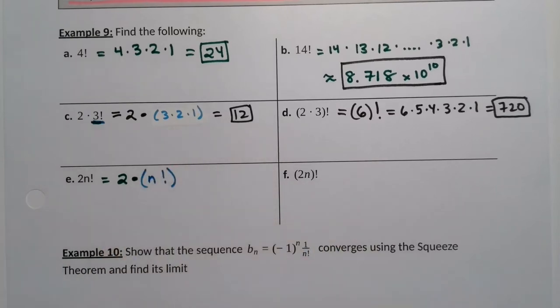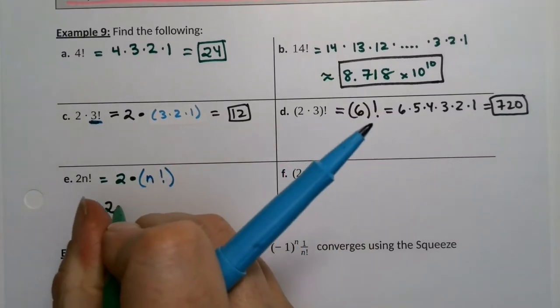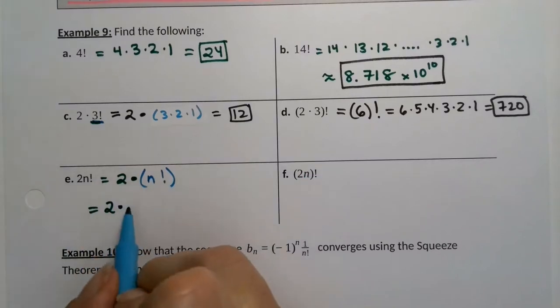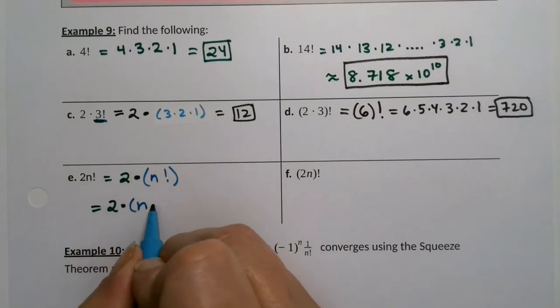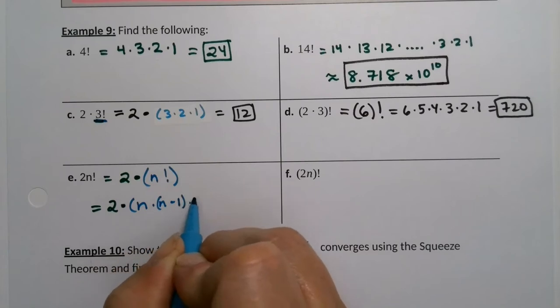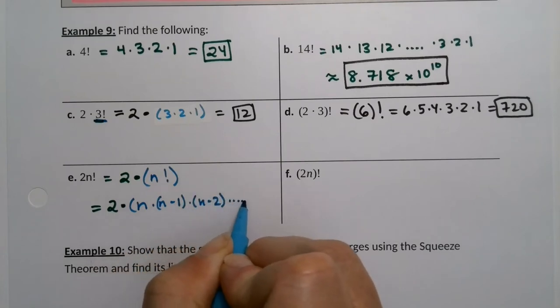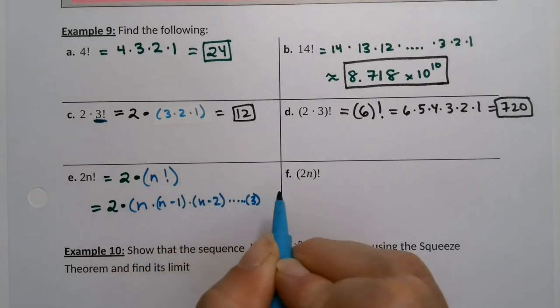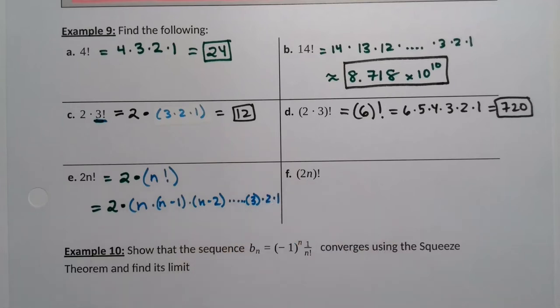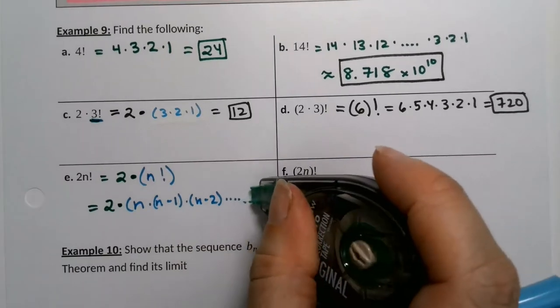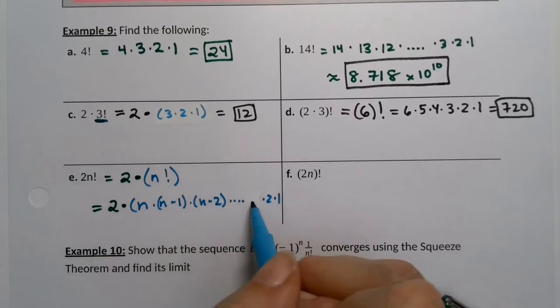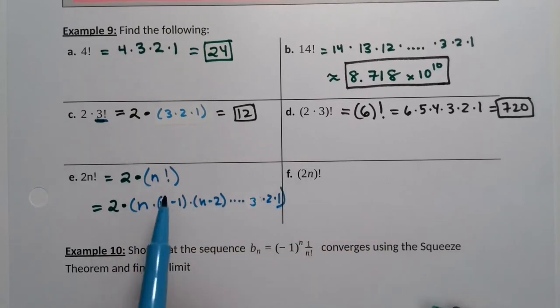So what it is is 2 times just one number 2, and then it'll be n times n minus 1 times n minus 2 times so on, so on, so on, times 3 times 2 times 1. So one number 2 times all of it.